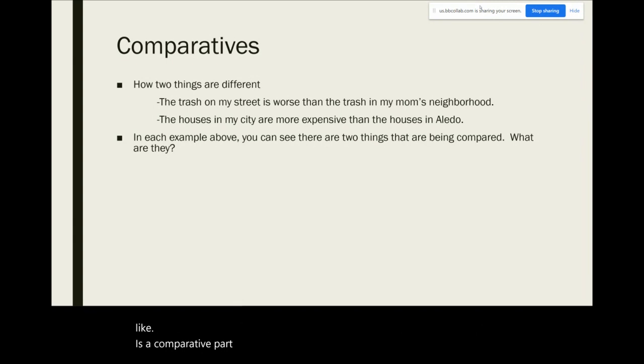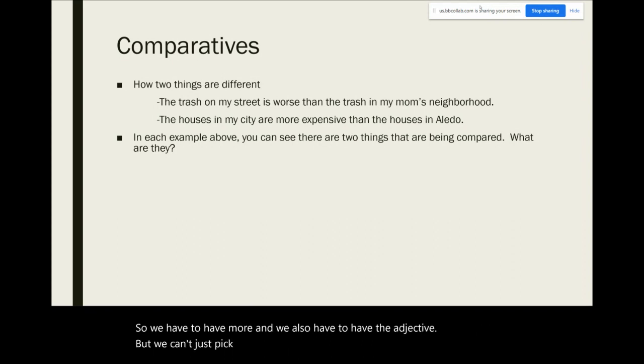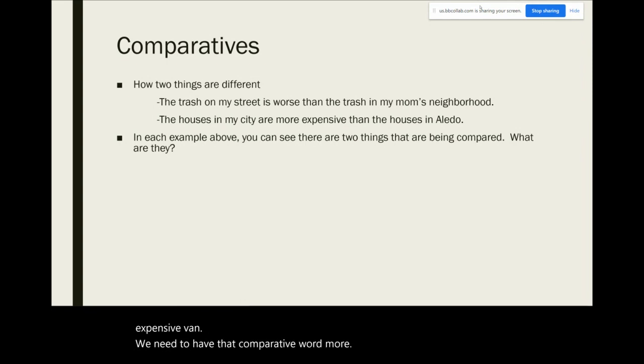It's like a signal. So we have to have more, and we also have to have the adjective. But we can't just pick one or the other. We cannot say the houses in my city are expensive than. We need to have that comparative word more along with the adjective expensive.